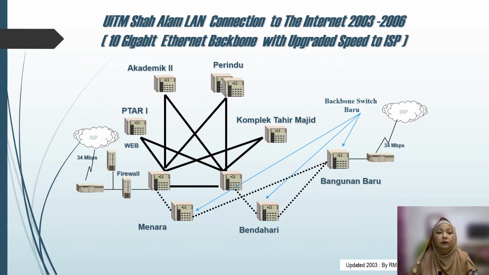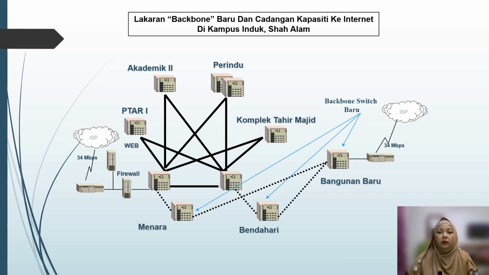And of course, the previous slide just now shows about the expanding internet to the branch campus also. So this is the almost latest internet access, except the backup ISP is no longer in existence.